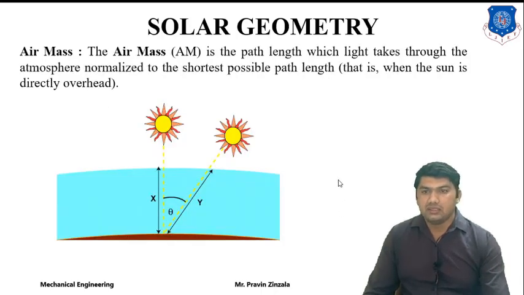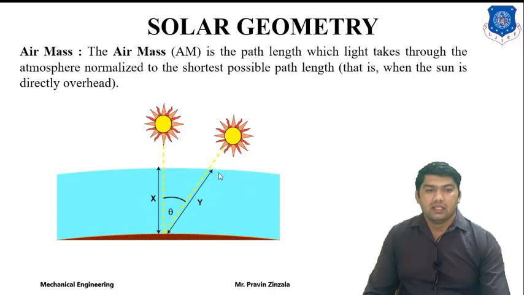The third definition is air mass. Air mass is the path length which light takes through the atmosphere, normalized to the shortest possible path length. It is when the sun is directly overhead.